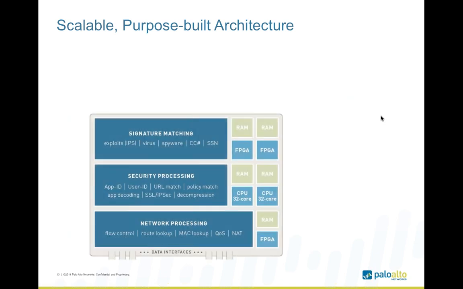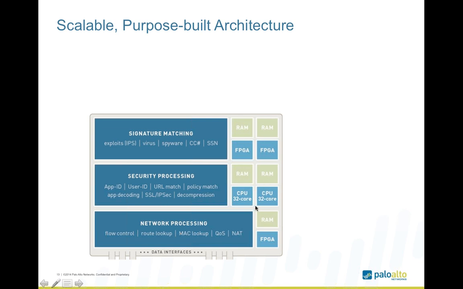And then going into the architecture, this is the typical NPC card architecture. We have a specific hardware infrastructure dedicated for network processing. With the FPGA cards, it does all the quality of service, netting, route lookups, MAC lookups, and all these flow lookups on the network level.